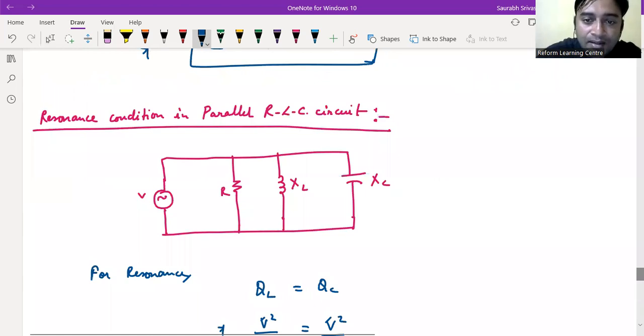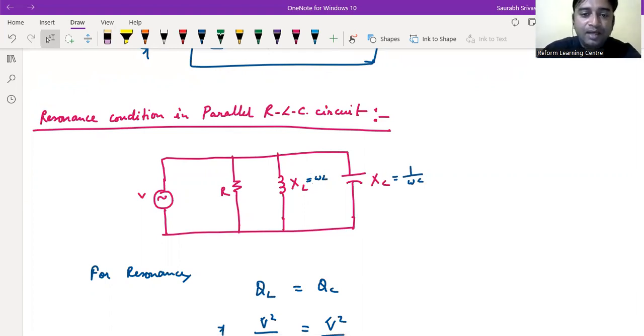What is XL? This is omega L. What is XC? 1 upon omega C. Put omega equal to 0. XL is 0. That means it will behave as short circuit. Short circuit मतलब current कितना जाएगा? Infinite. At omega is equal to infinite, XC will behave as short circuit. 1 upon omega C. Omega infinite, XC 0. It will behave as short circuit और current यहाँ से जाएगी infinite.